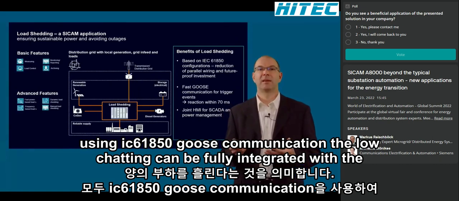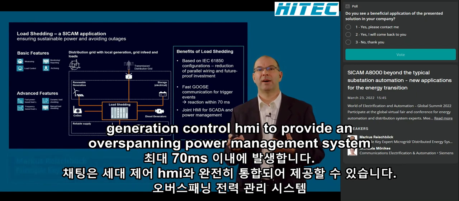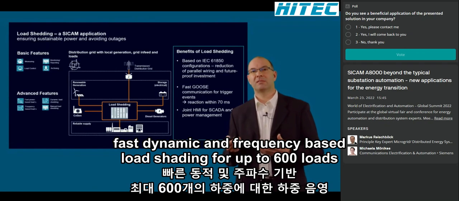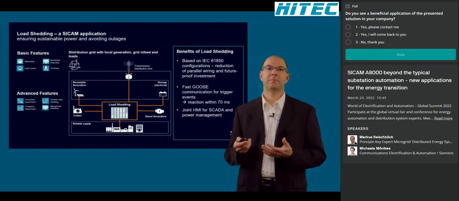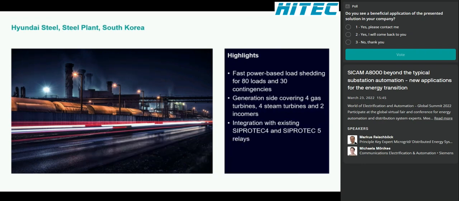The load shedding can be fully integrated with the generation control HMI to provide an overspanning power management system. The SICAM A8000 load shedding application supports, besides the basic features, fast, dynamic, and frequency-based load shedding for up to 600 loads. A good example for load shedding is the Hyundai Steel plant in South Korea.